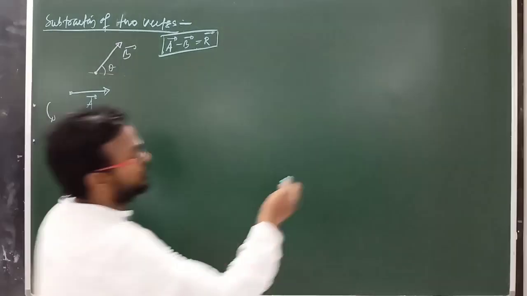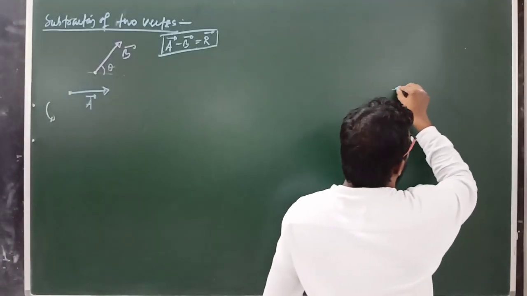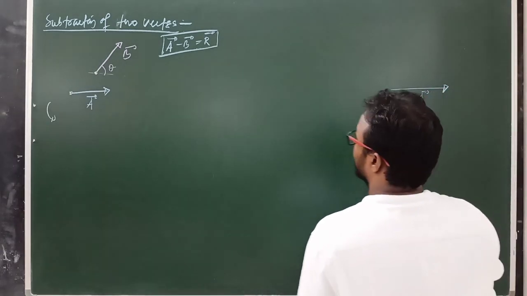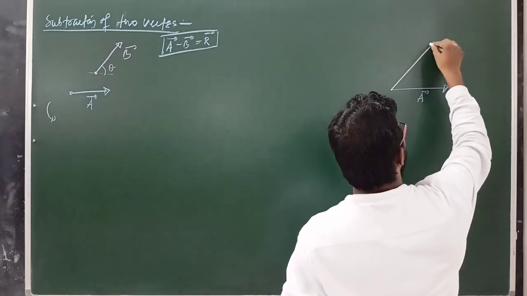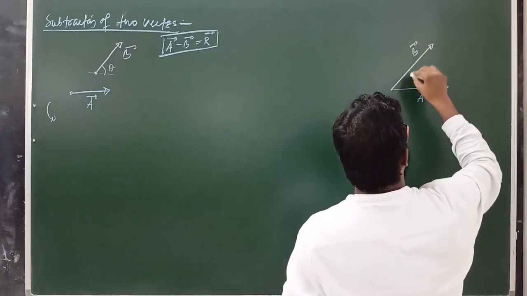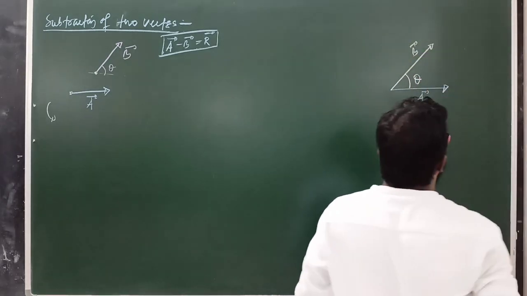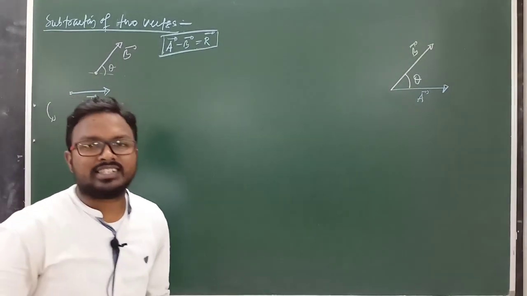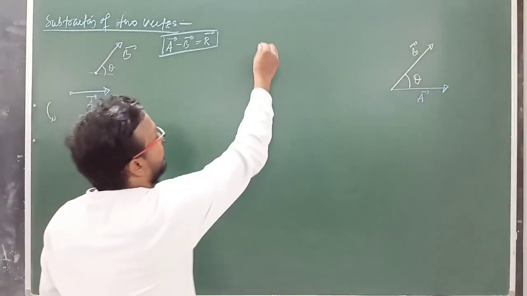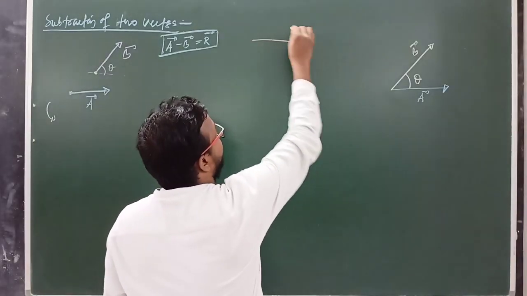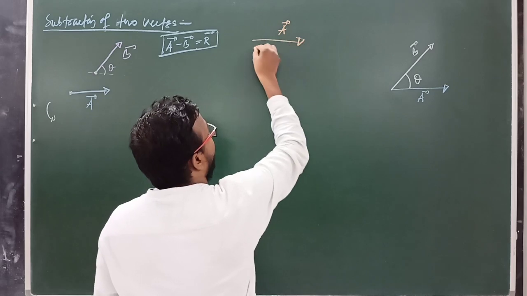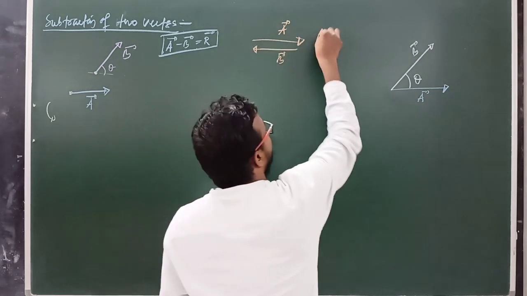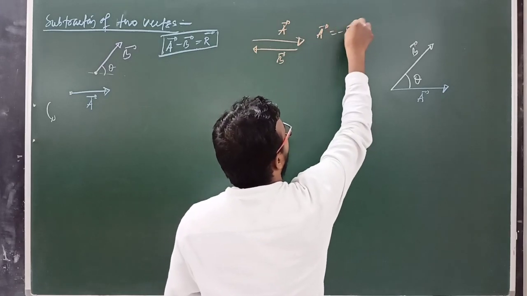Or if we draw here, this vector is A vector and another vector is B vector here, and this angle is theta. So theta is the angle between A vector and B vector. You already know what a negative vector is. If one vector indicates this direction and another vector is opposite in direction to this B vector, here we can write A vector as the negative of B vector.